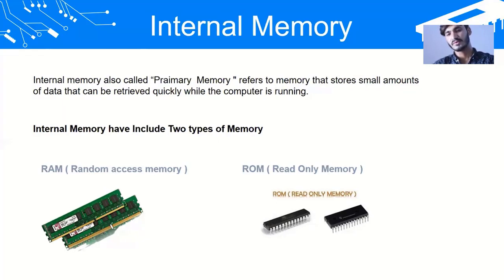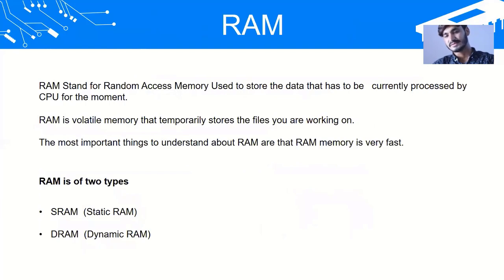Now we will discuss random access memory, which is also called RAM. RAM stands for random access memory, which is used to store the data that has to be currently processed by the CPU.